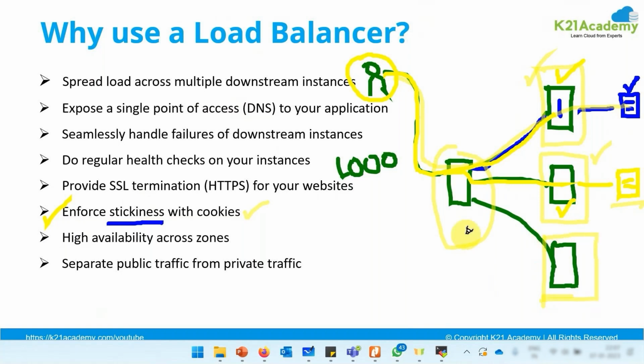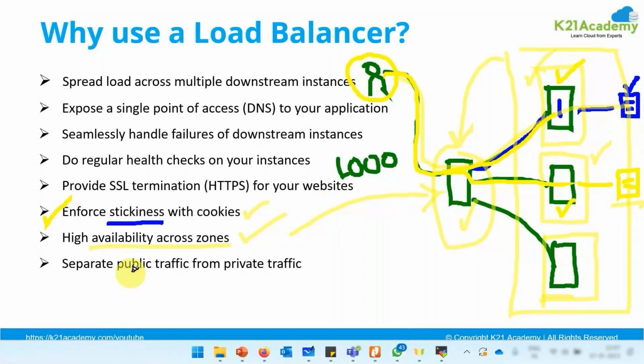The load balancer can distribute the traffic between the machines which are in the same region where your load balancer is residing. So it can span the traffic across multiple availability zones of the region where the load balancer has been created. You can deploy the load balancer in two ways: internet load balancer and intranet load balancer.